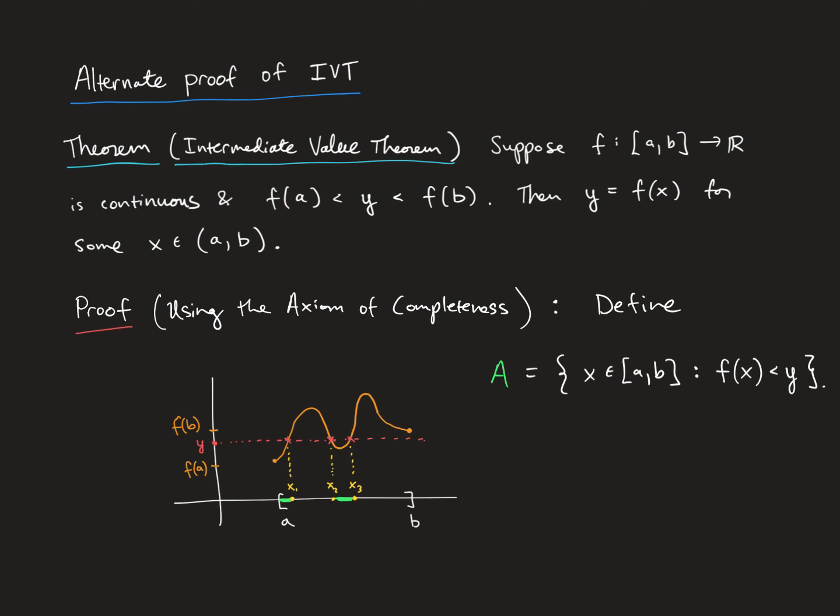First of all, let's see that this set is non-empty and bounded above. A is non-empty since little a is in A. You can see that in the picture, and it's obvious because f of a is less than y from our setup.